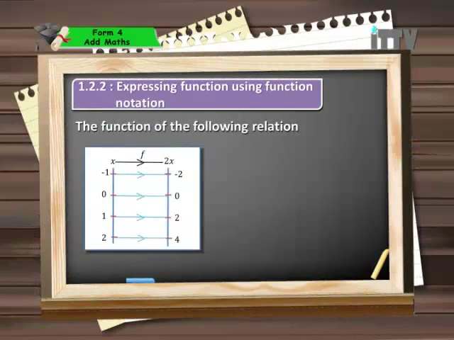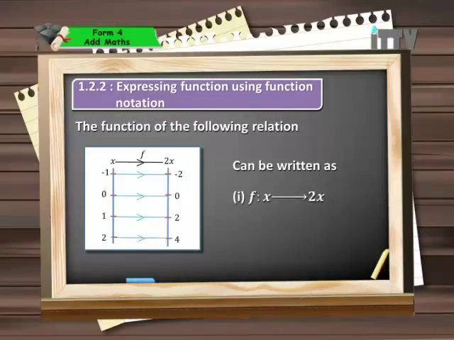The function of the following relation, and you do see, viewers, the diagrammatic form where the objects are -1, 0, 1 and 2, and through the relation of 2x, we will obtain the image values of -2, 0, 2 and 4 respectively. Now, this function notation can be written as follows.